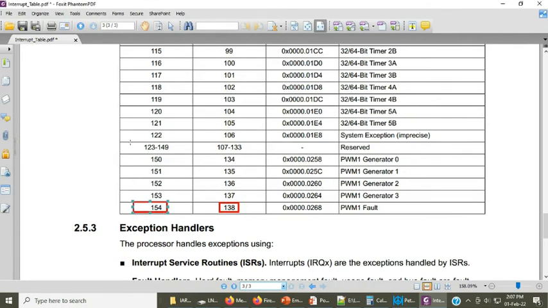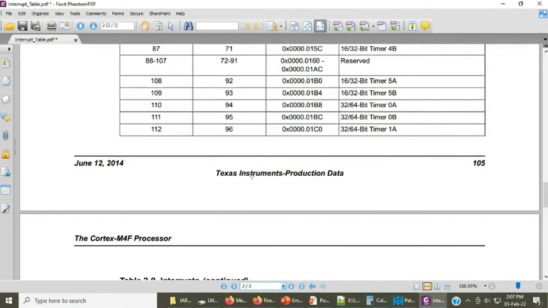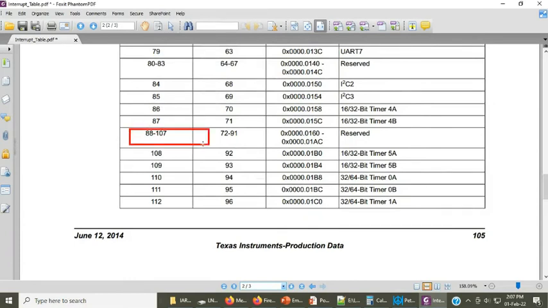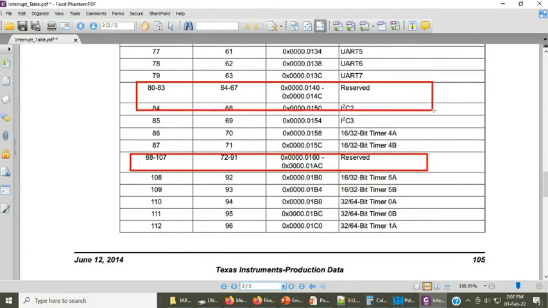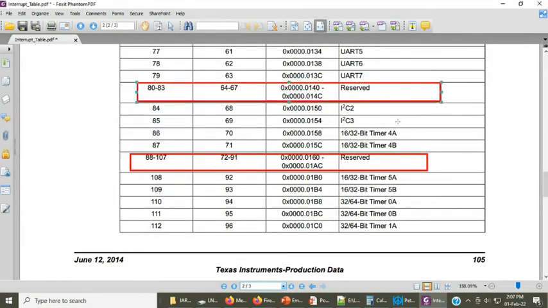In between there are many locations which are reserved and not used. For example, 107 to 133 are reserved. Similarly, 72 to 91 are reserved, and 64 to 67 are not used.